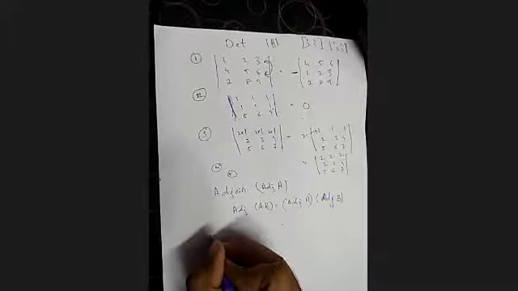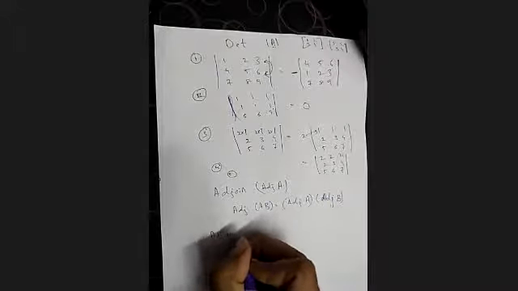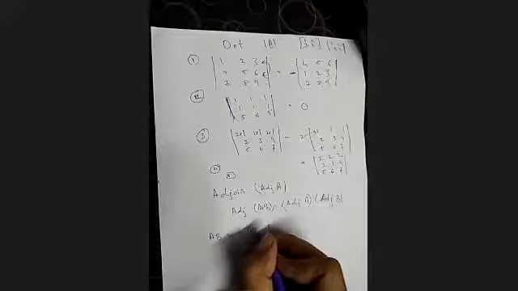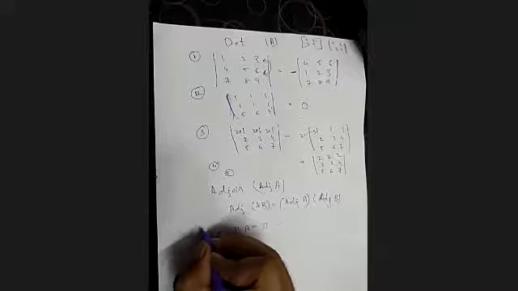Invertible matrix. Let A be a square matrix. We say A is invertible if a matrix B exists such that AB is equal to BA is equal to I, that is your identity matrix.